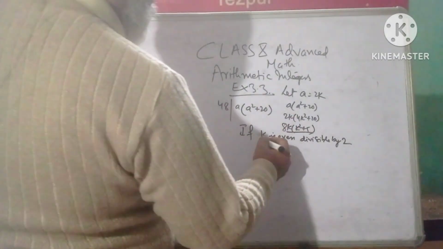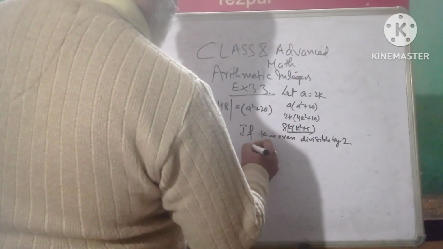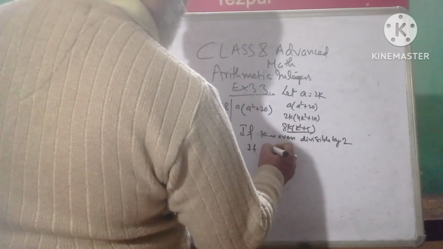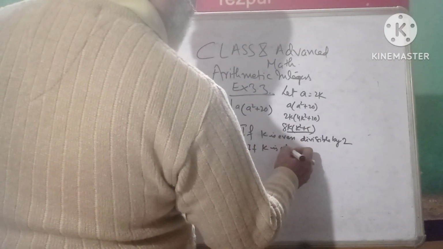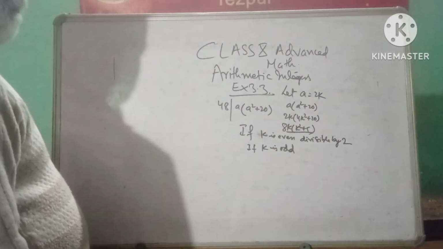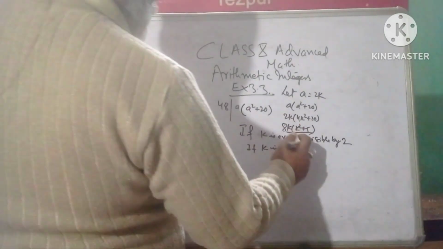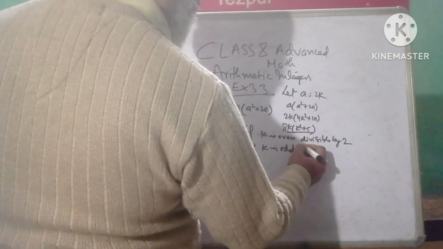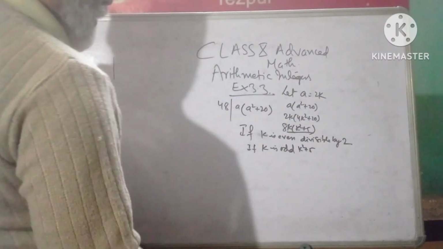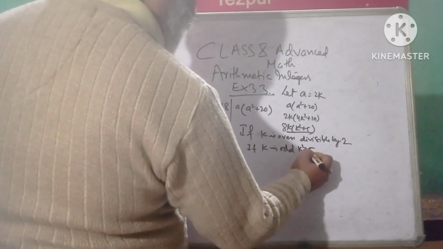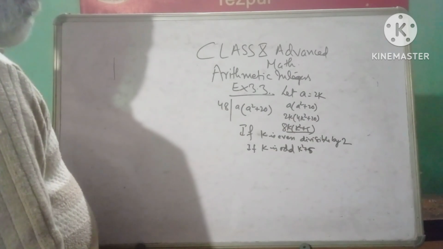Now if k is odd, then here you see your k square plus 5. Here you see k square is odd and 5 is also odd.